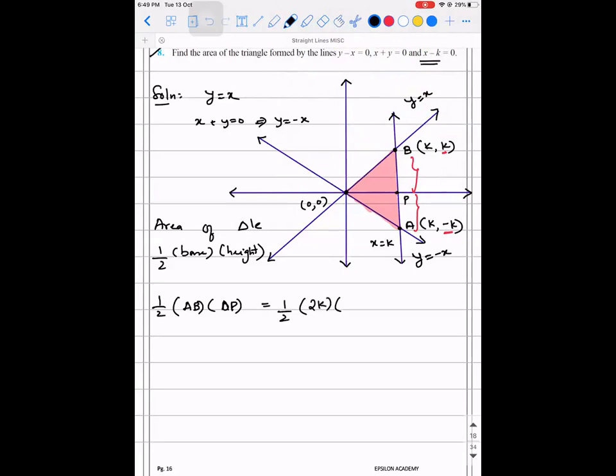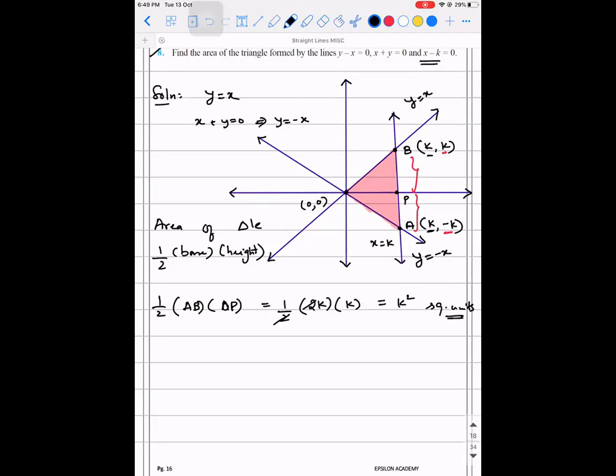Height is the distance OP. OP is also k because k and k. So we got k square. So k square square units is the answer.